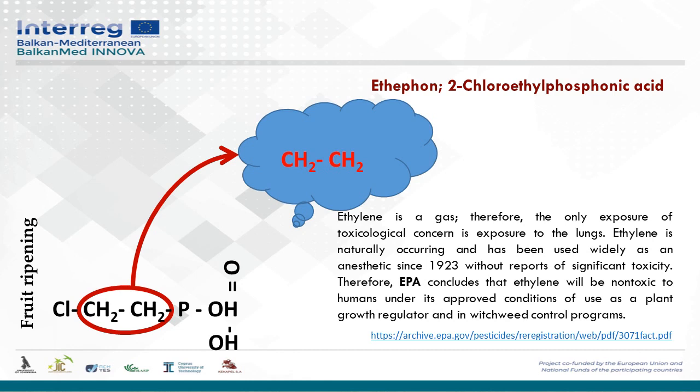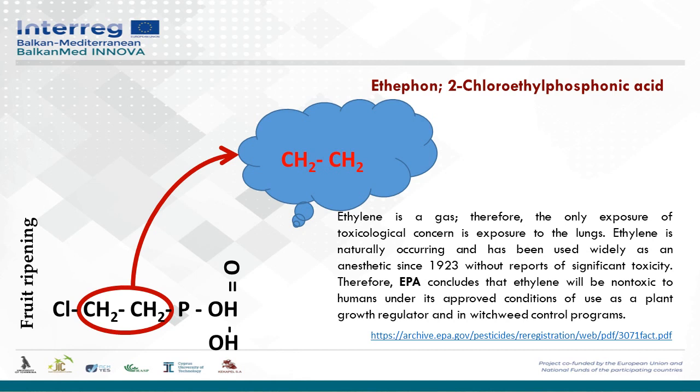Ethylene is indeed a natural plant hormone, and the plants generate it naturally, and it is the only hormone which is a gas. However, there have been reports that it is a non-toxic product, and its use is approved under specific conditions as a plant growth regulator, and thus mostly as a fruit ripening regulator.